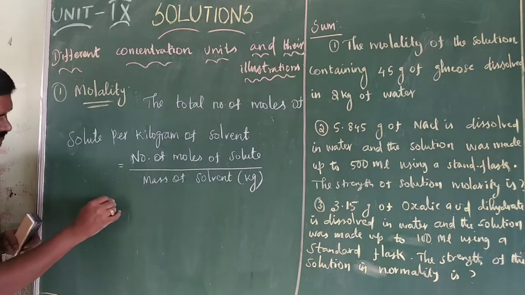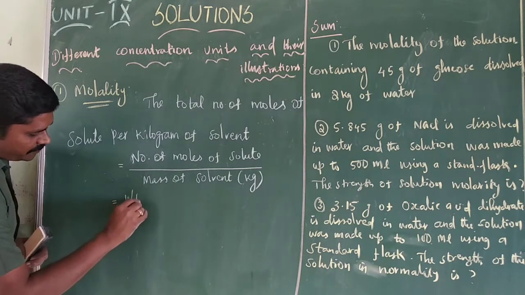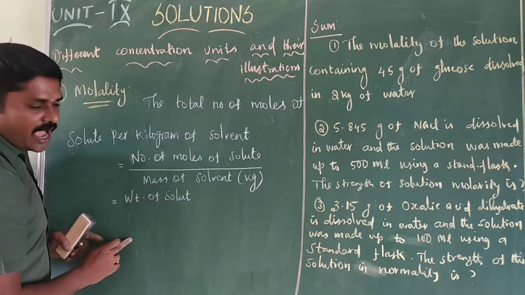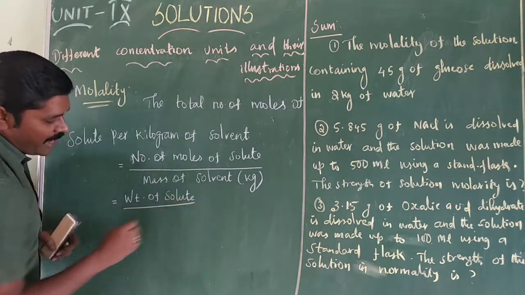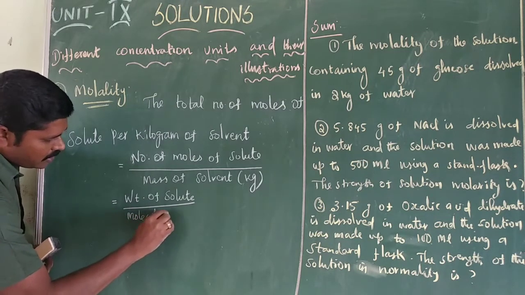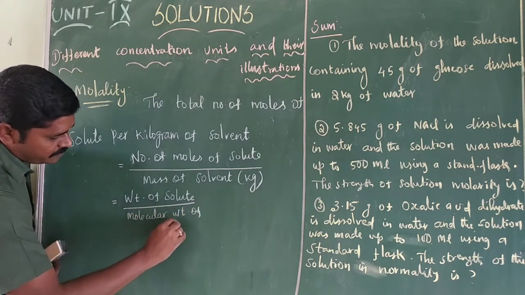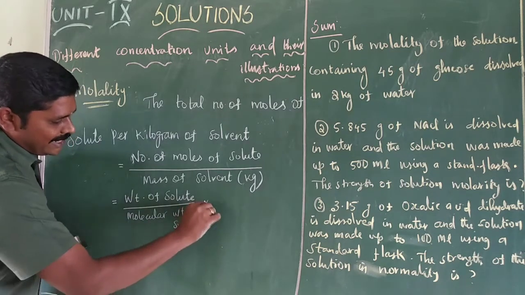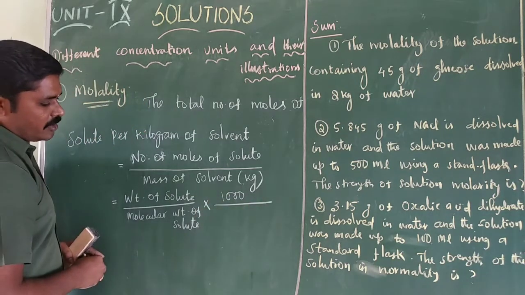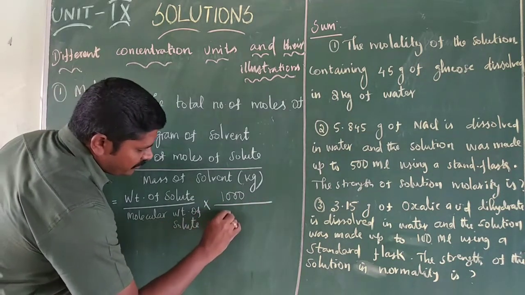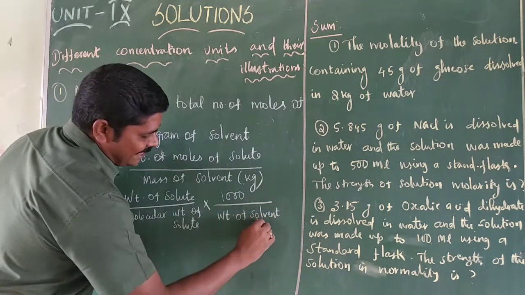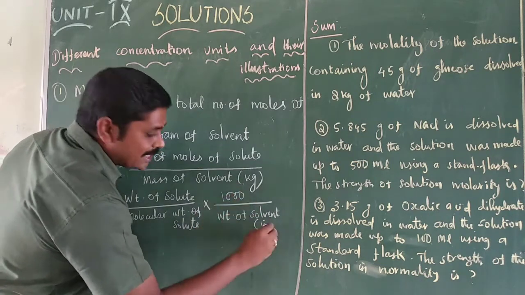In other words, the weight of solute divided by the molecular weight of solute, into 1000, divided by the weight of solvent in gram.